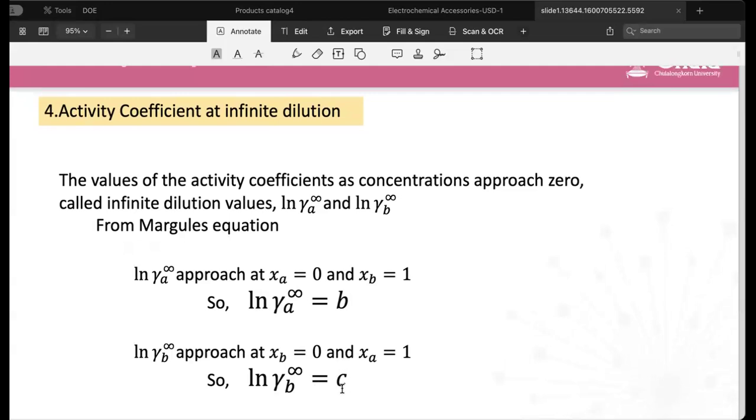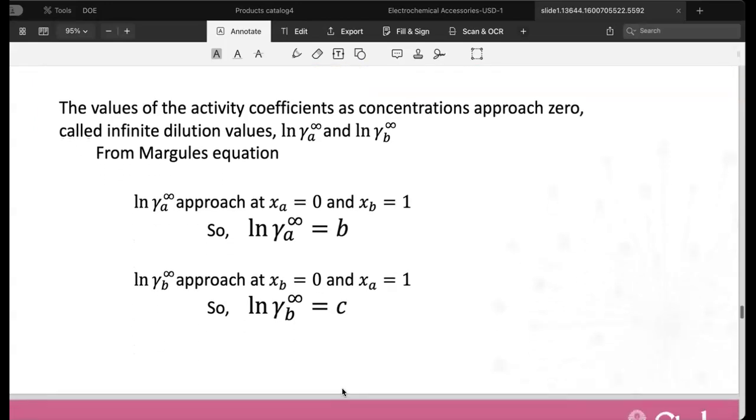For Margules, we have two parameters, which means you need two experiments in order to obtain both parameters. This is another way to calculate the parameters of the activity coefficient model.